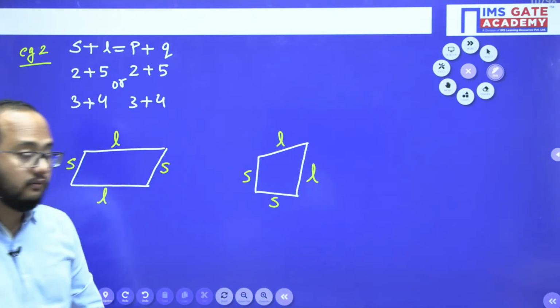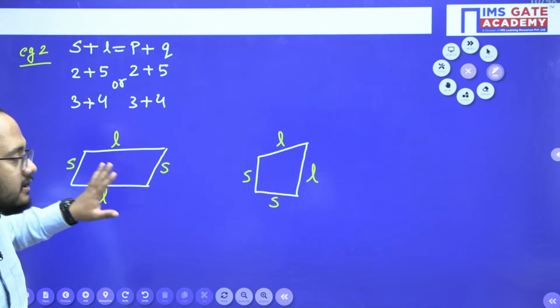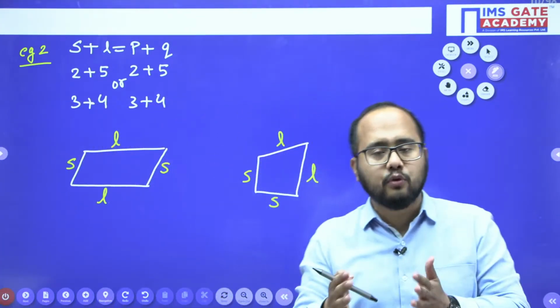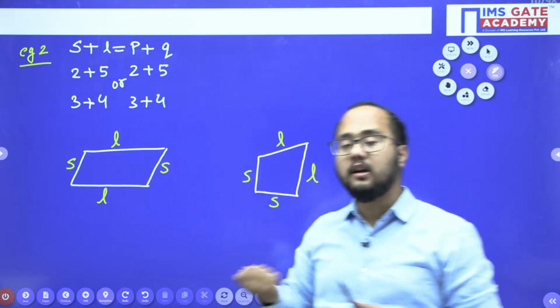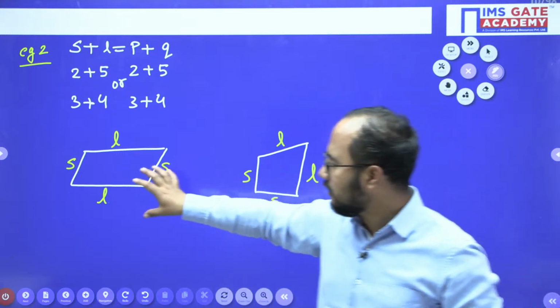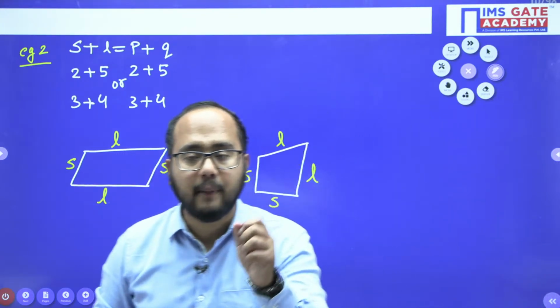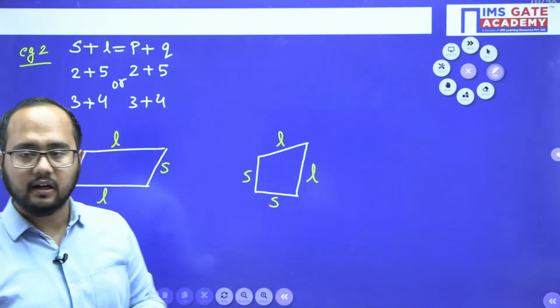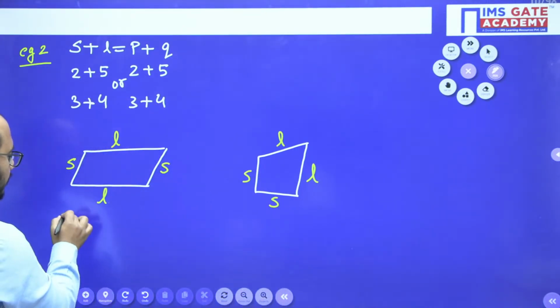In this case the equal link lengths are placed opposite to each other. Here the equal link lengths are placed adjacent to each other. This kind of mechanism is known as the parallelogram linkage. This kind of mechanism is known as the deltoid linkage, right? Remember this point.